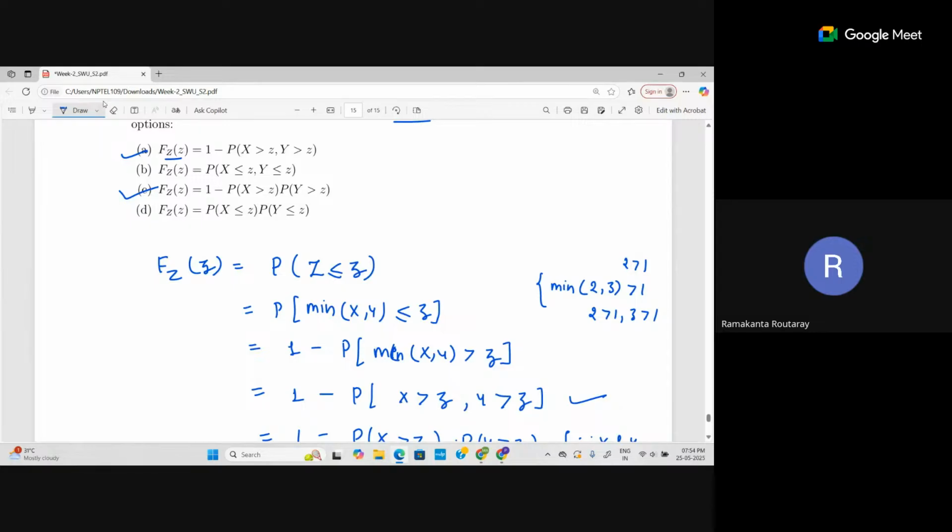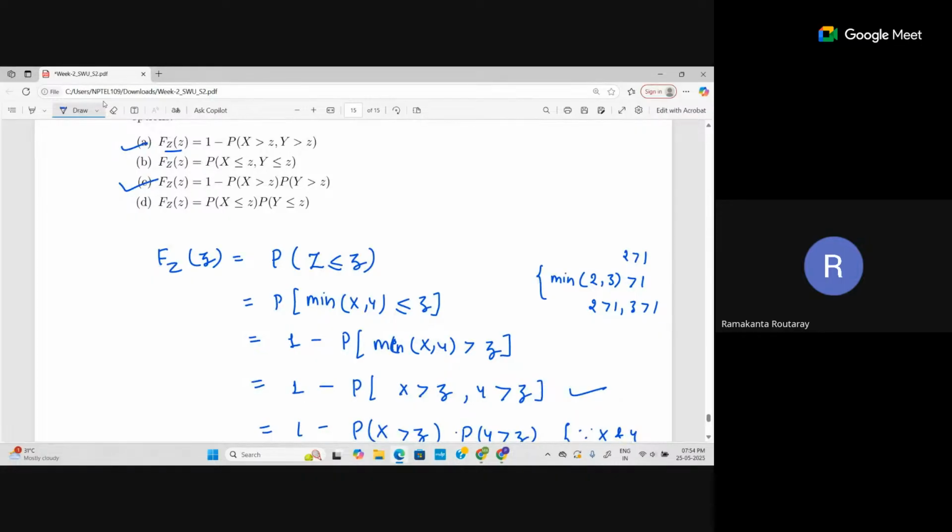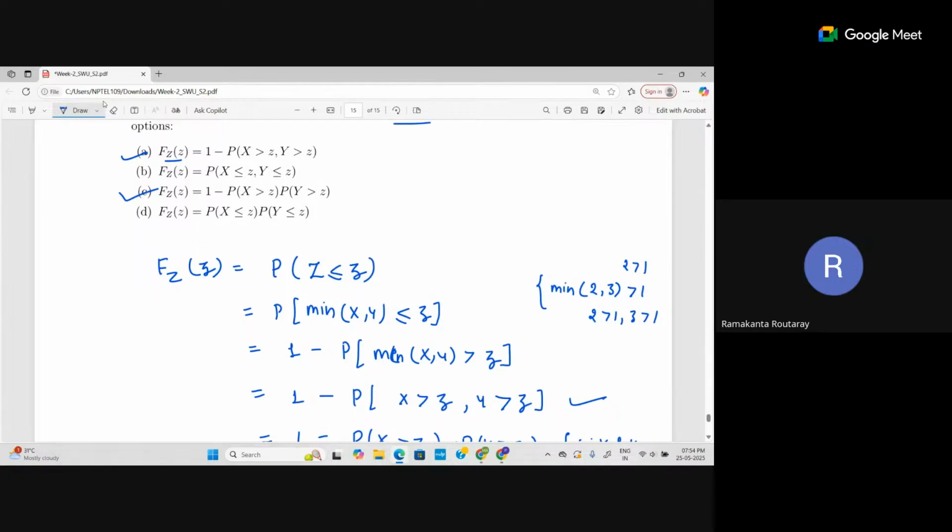Ma'am, the second line, what you wrote now, 1 minus probability of minimum XY greater than z. Can you please explain that? This is simple.